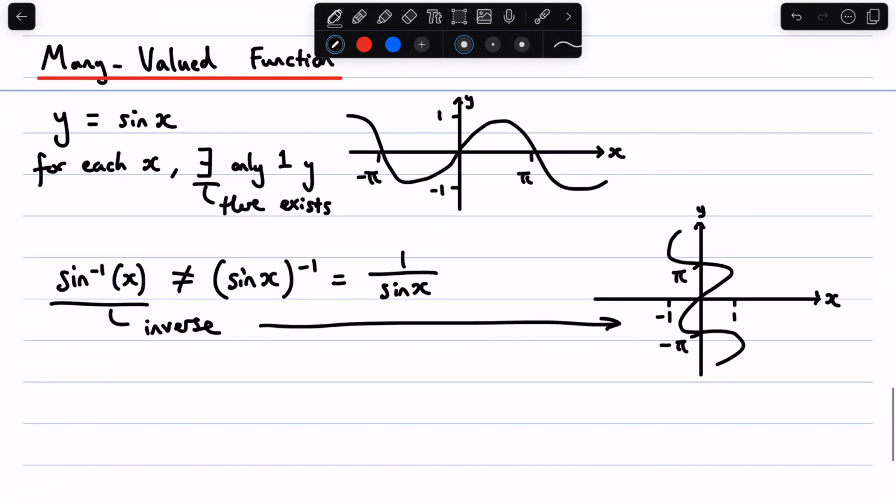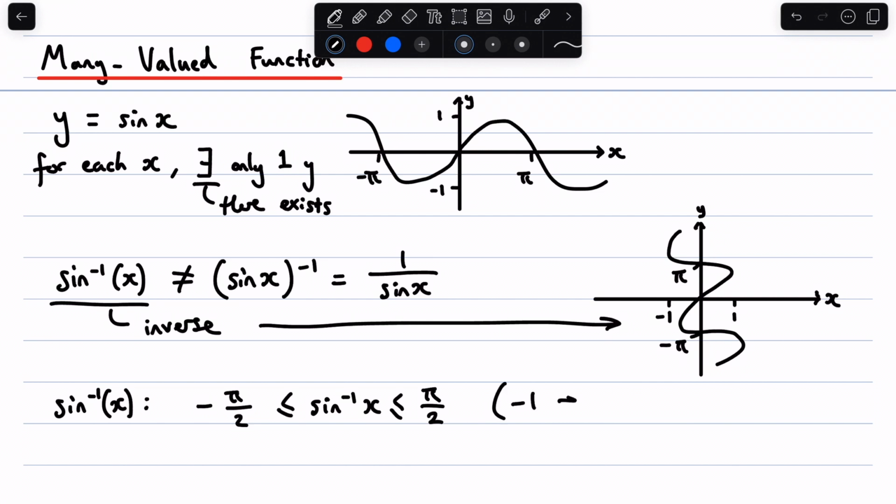So for sine to the minus 1 of x, we have the domain minus pi over 2 is the values that it can take up to pi over 2. And that is for minus 1 to 1.